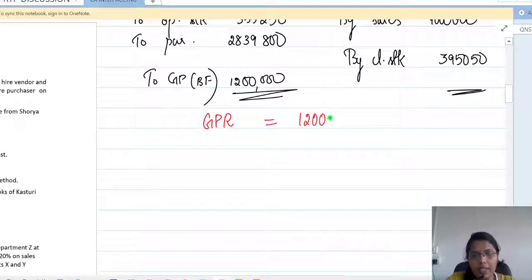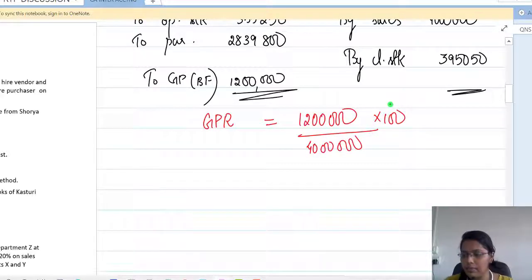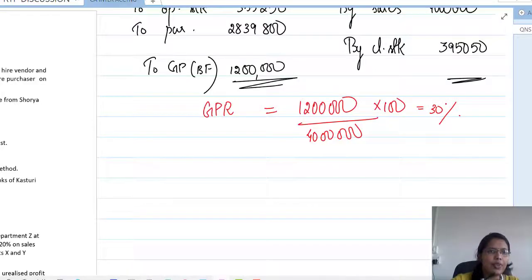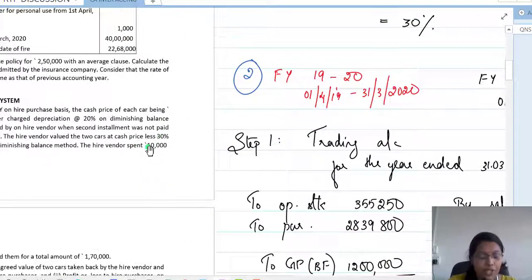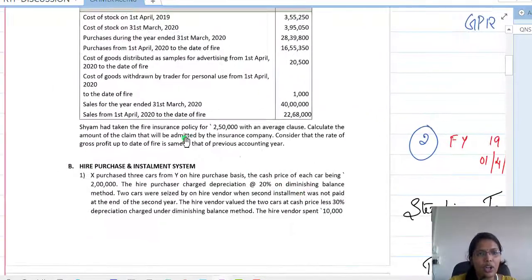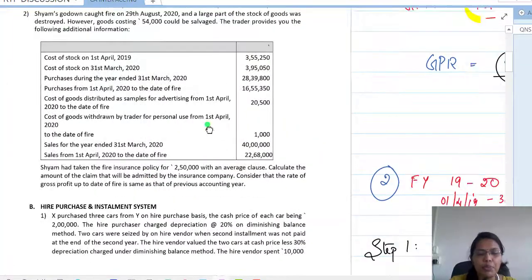So 12 lakh divided by sales 40 lakh into 100. So that is 30%. Now the question says, to find out the claim under loss of stock policy, consider the same gross profit ratio as in the previous year.